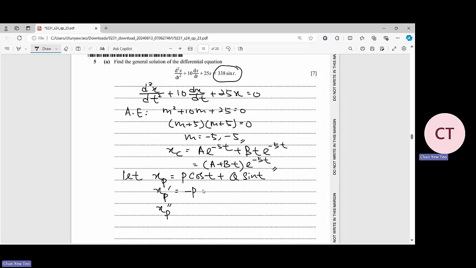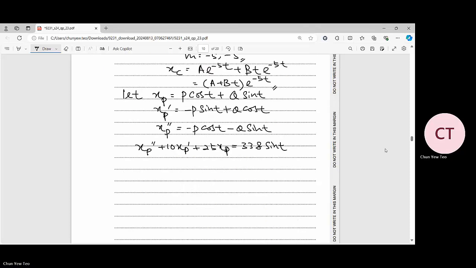You will get negative P sin t plus Q cos t, and negative P cos t minus Q sin t. And then substitute them back into the original equation. You have xp double prime plus 10xp prime plus 25xp equivalent to 338 sin t.